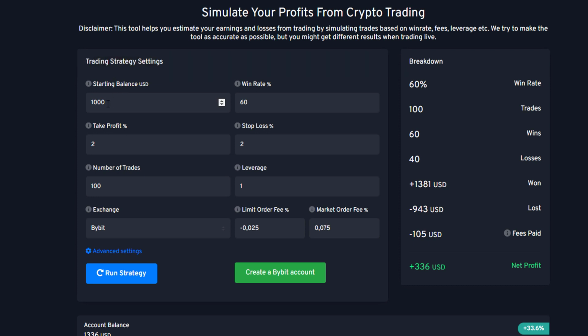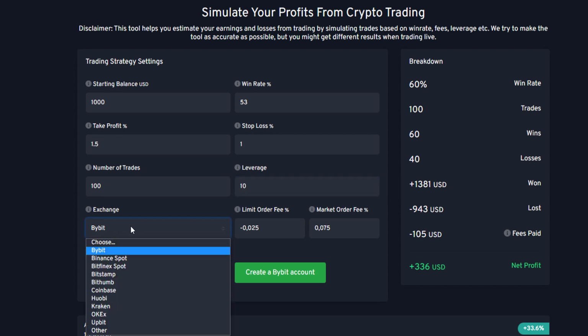It would have started with a balance of 1k and a win rate of 53. Would have taken profit of 1.5% and a stop loss of 1%. And we did leverage 10 and we used BYBIT.